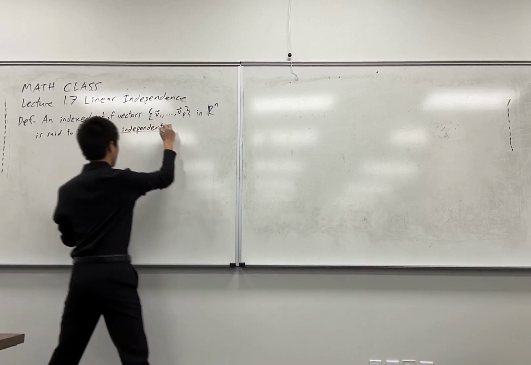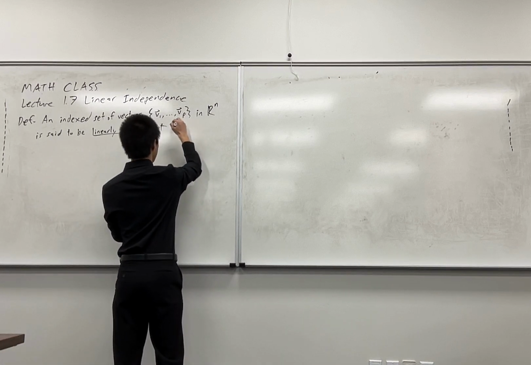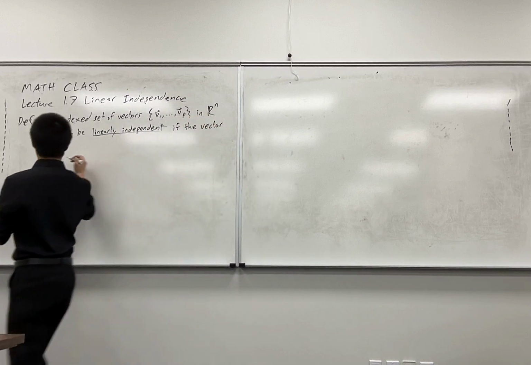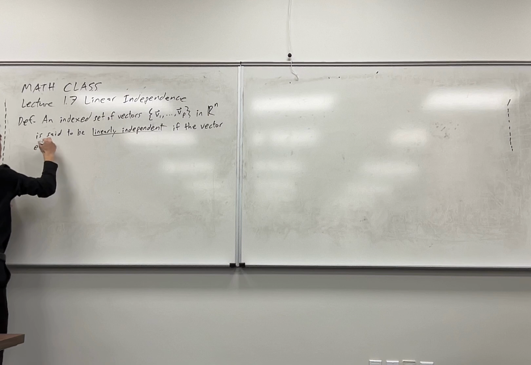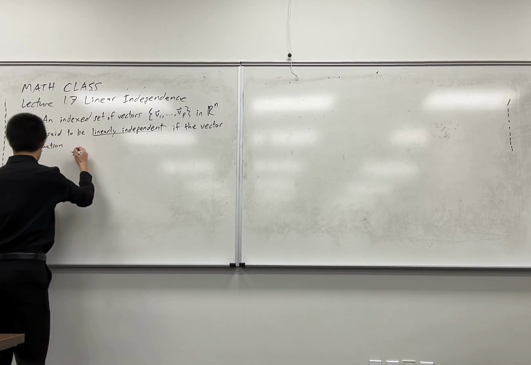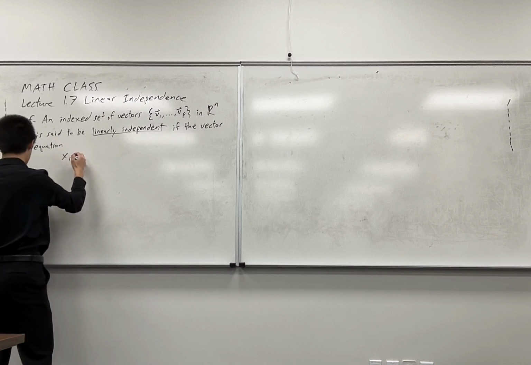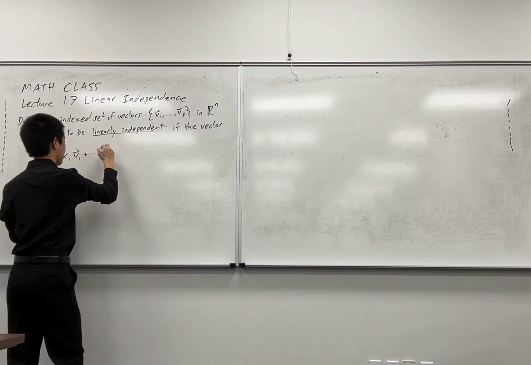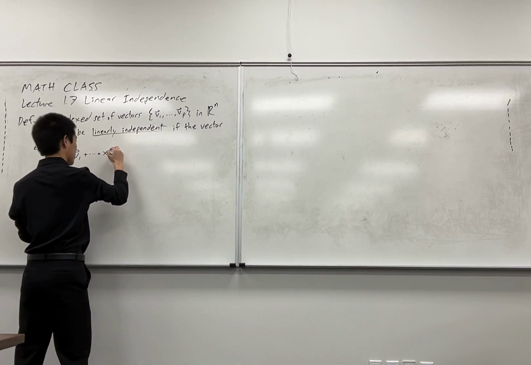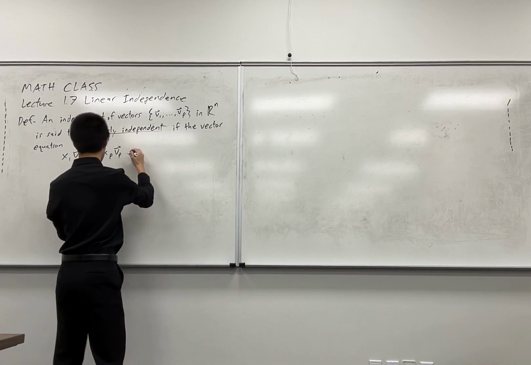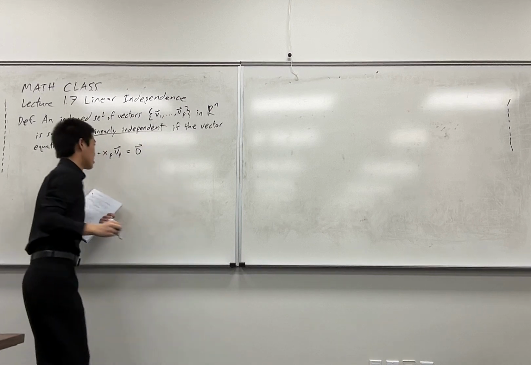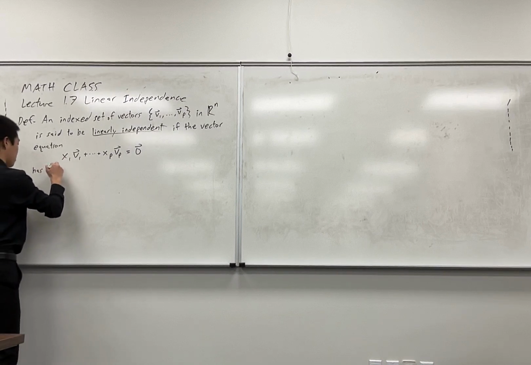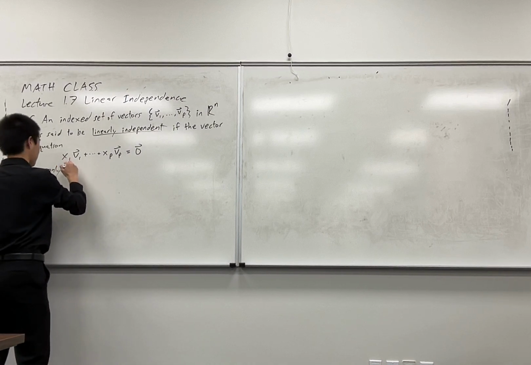And this is what we're defining here, linearly independent, if the vector equation, and so we had to take x1 times vector v1 plus so on and so forth till we get to xp times vp, because we have p vectors in our set. And we'll set this equal to the zero vector, has only the trivial solution.